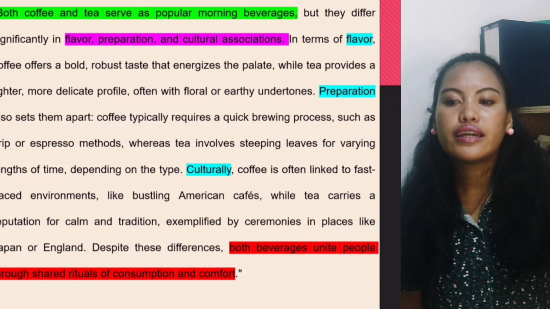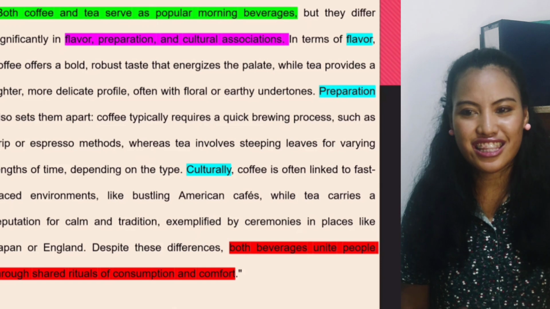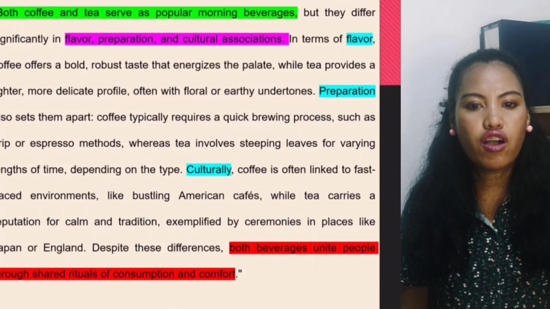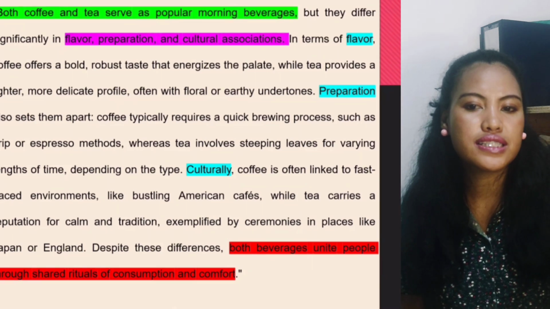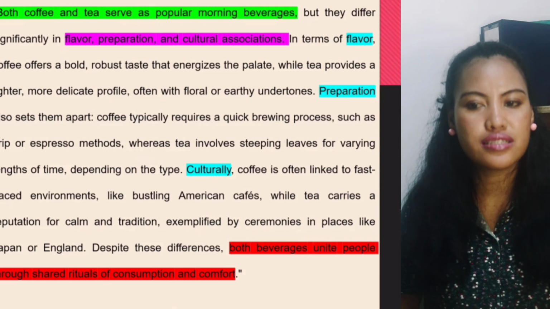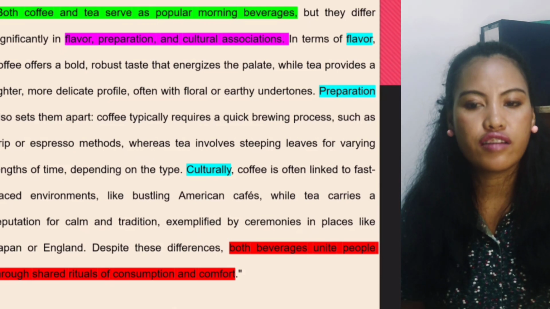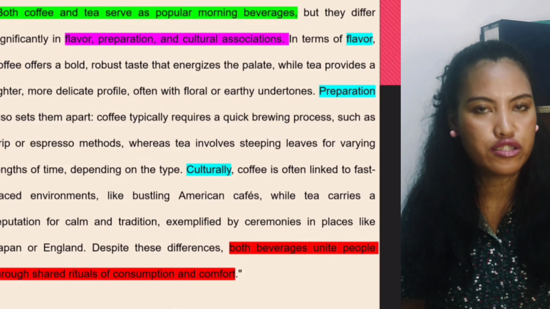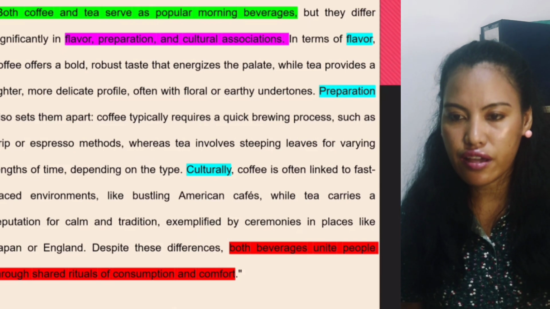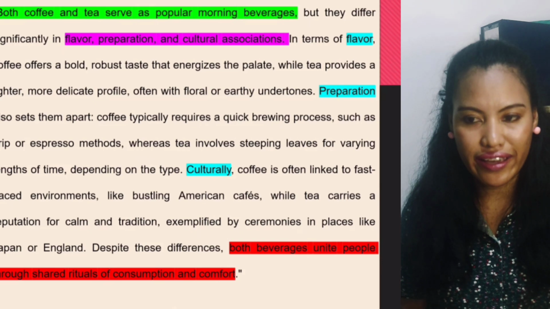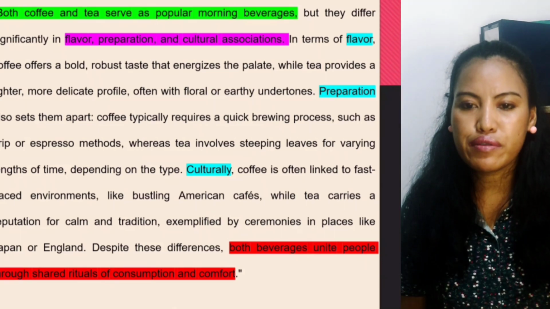So let's see. In terms of flavor, that's your aspect one. Coffee offers a bold, robust taste that energizes the palate, while tea provides a lighter, more delicate profile, often with floral or earthy undertones. So we have used there the discourse marker while. Okay, next, preparation.